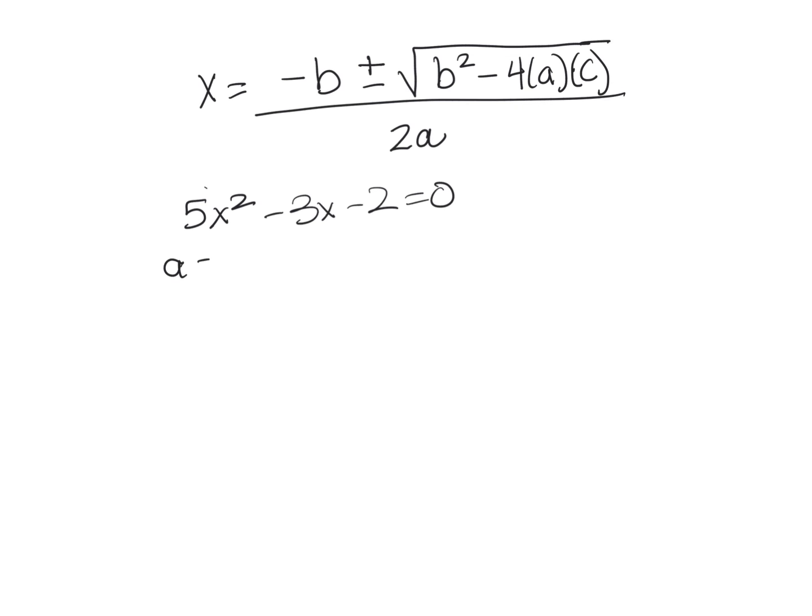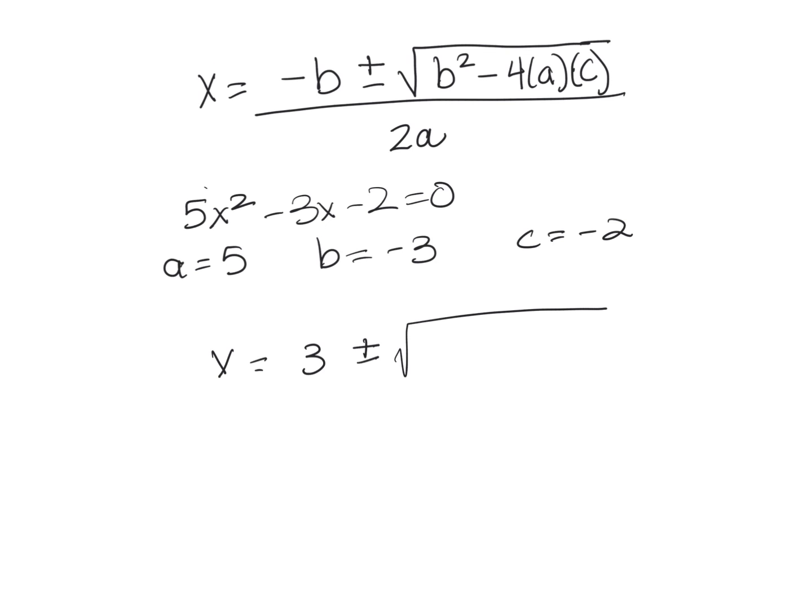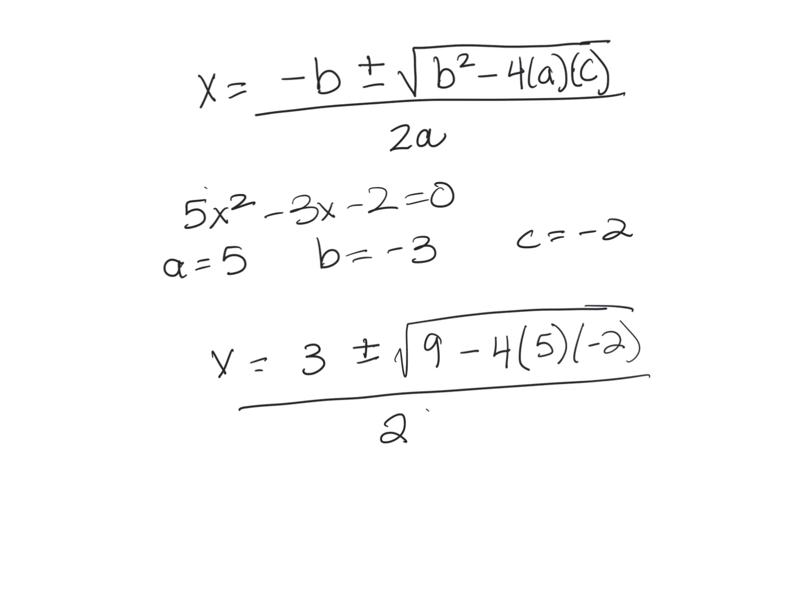So my a equals 5, my b equals negative 3, and my c equals negative 2. So I have x equals the opposite of b plus or minus the square root of 9 minus 4 times a is 5 times c is negative 2, all over 2 times 5.